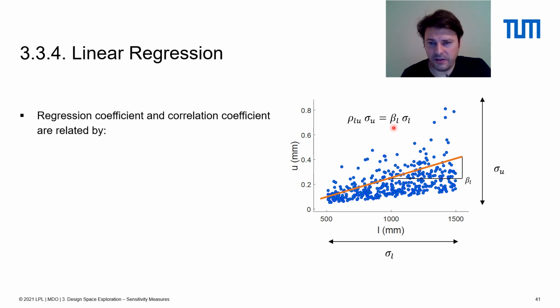And in this case, the regression coefficient would just be the ratio of variability in U and variability in L. It would be just delta Y by delta X with the blue dots being on this line. Here, the correlation coefficient is not 1, it is less.